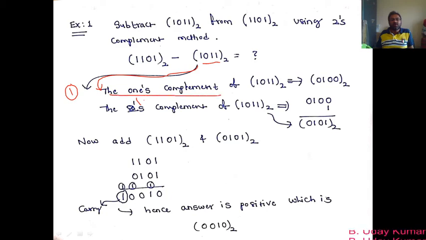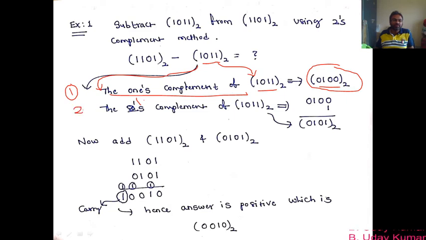The ones complement of 1011 is nothing but 0100. So the ones complement is over, right? Now what is the twos complement method? To the ones complement you have to add 1, and that is the twos complement. So this is our second step. We are finding the twos complement of 1011.